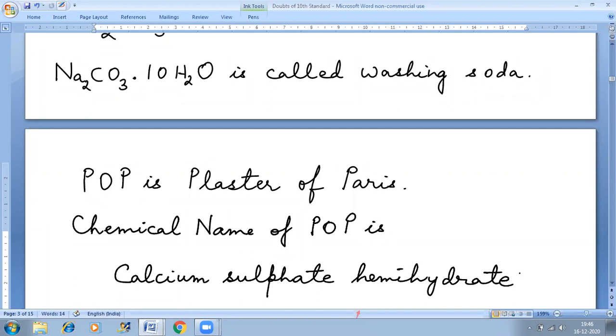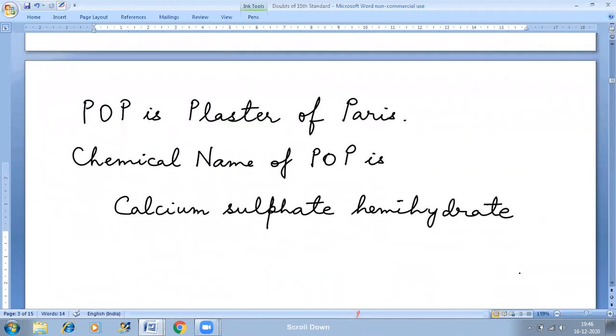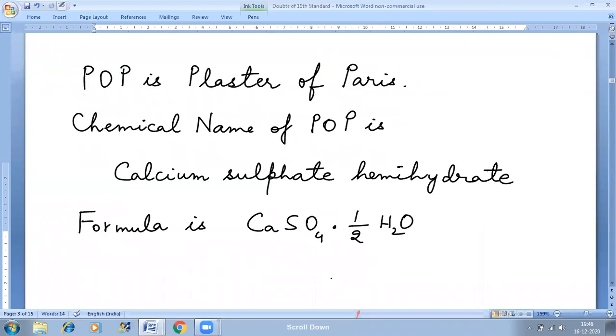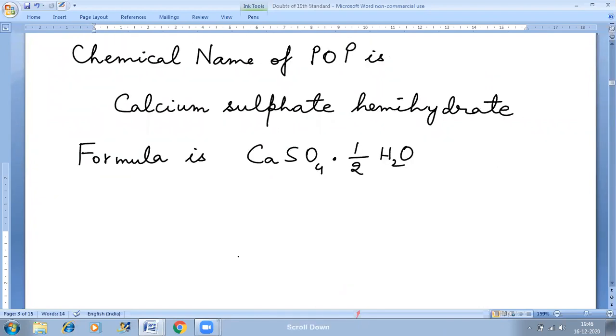This is the chemical name of plaster of Paris, and the formula is CaSO4 dot half H2O. This is the formula of plaster of Paris.